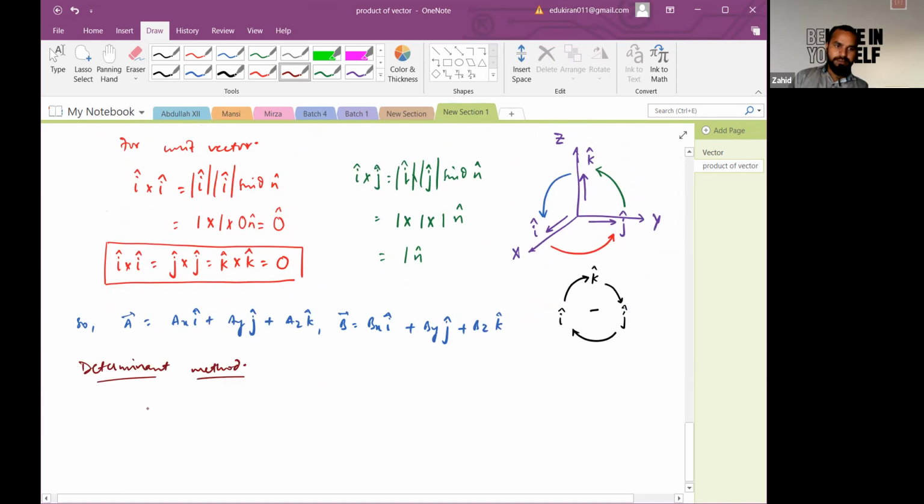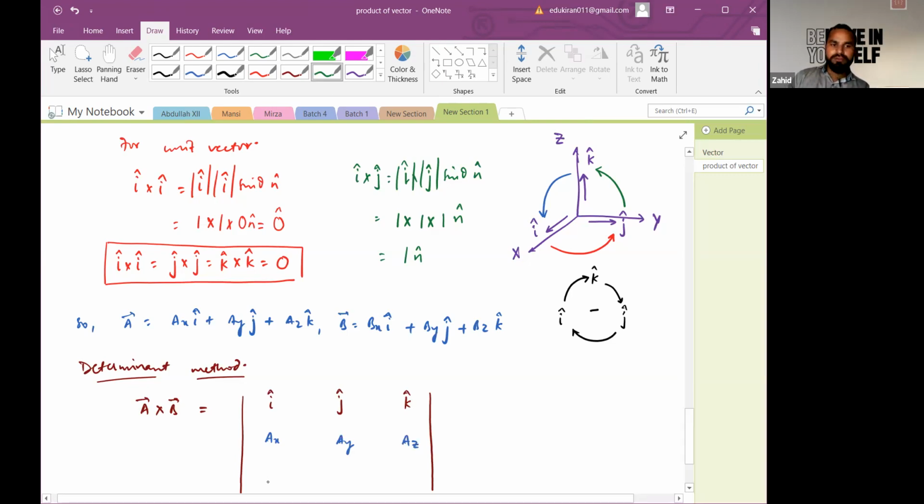Which states that A cross B is equal to, write i cap, j cap, and k cap. The value of the first vector as coefficients: AX, AY, and AZ.